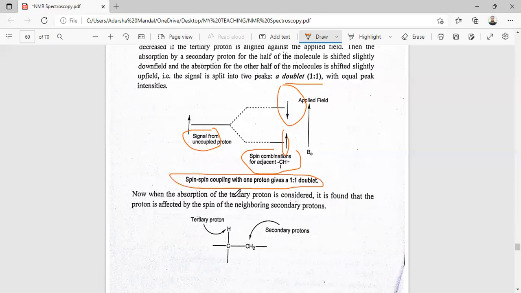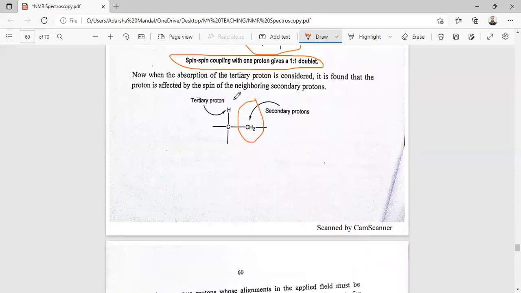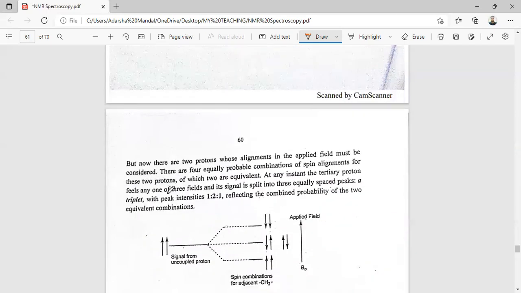Now when the absorption of the tertiary proton is considered, it is found that the proton is affected by the spin of the neighboring secondary protons. But there are two protons whose alignment in the applied field must be considered. So here we consider the splitting of the tertiary proton with respect to the secondary protons. There are two secondary protons, so we have to consider two sets.